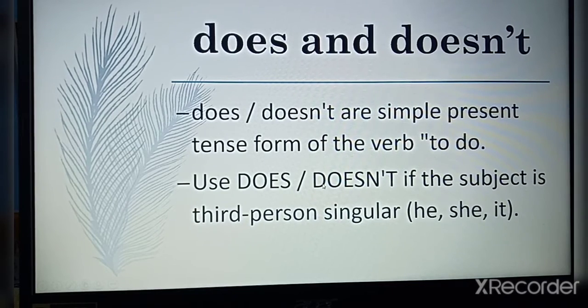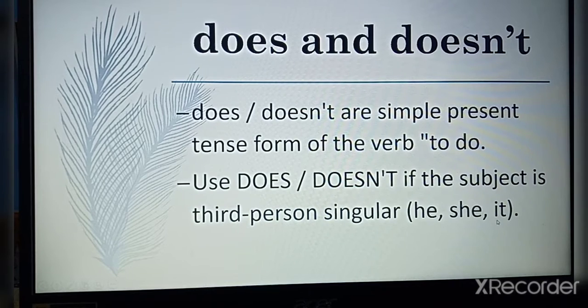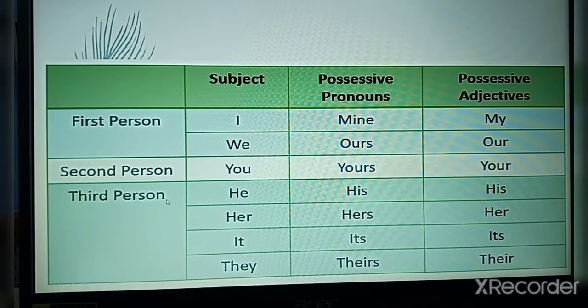So what are the examples of third person singular? We have he, she, it. This topic is not new to you because we learned this one, third person singular. You still remember those? Here we have the first person, the second person, and the third person.